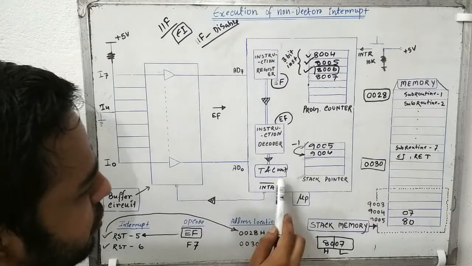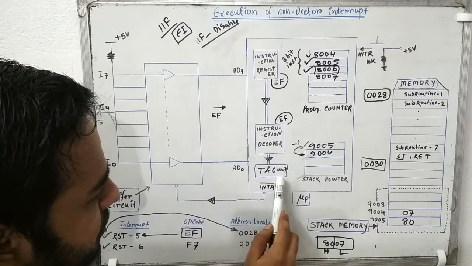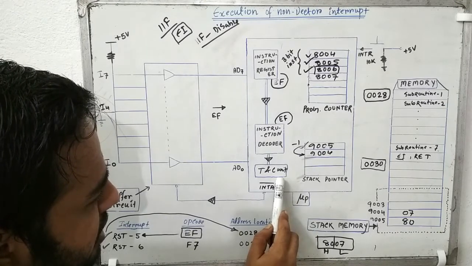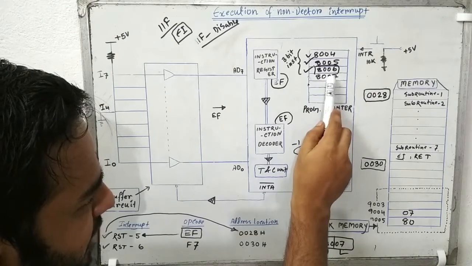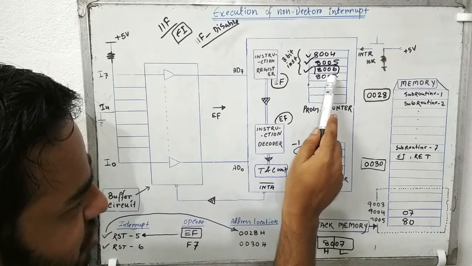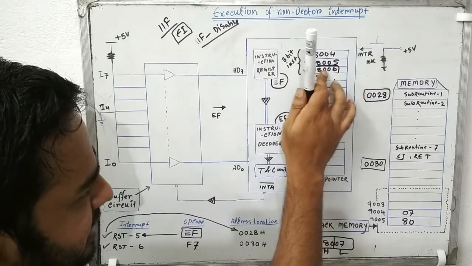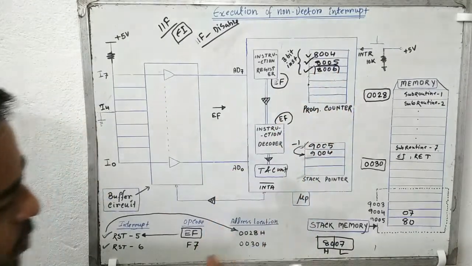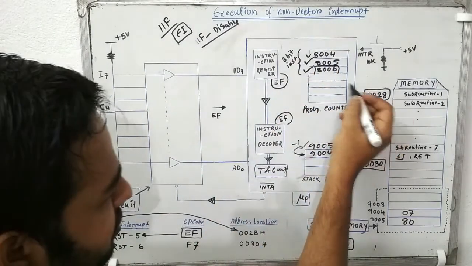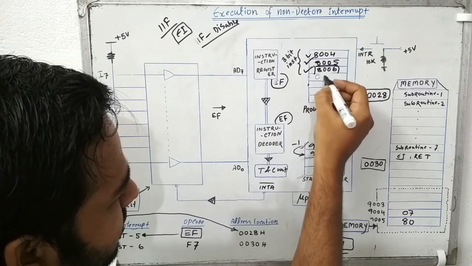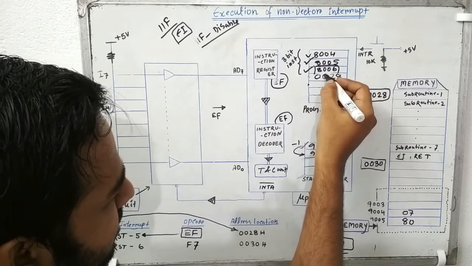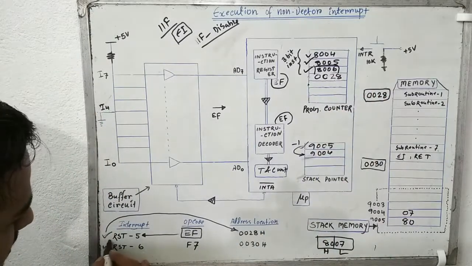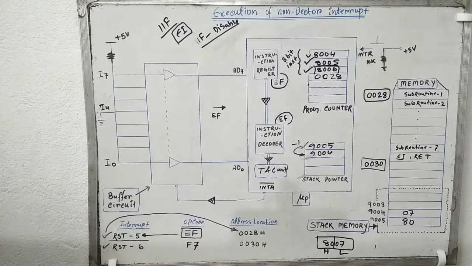Now the timing and control unit of the microprocessor will instruct the microprocessor to erase this next instruction value and fill the program counter with the specified address location for the particular software interrupt, which is RST5.